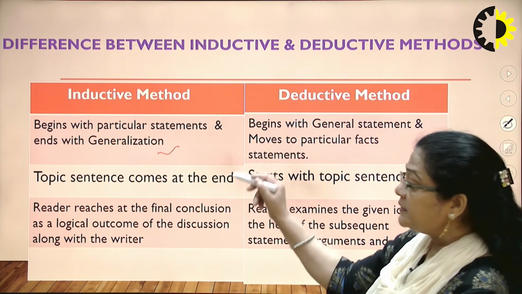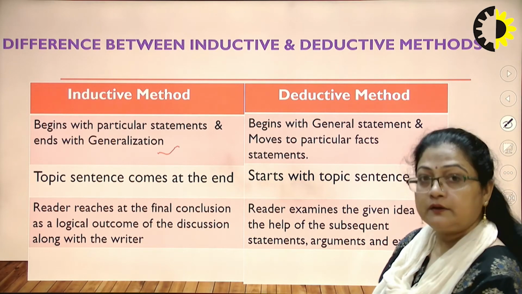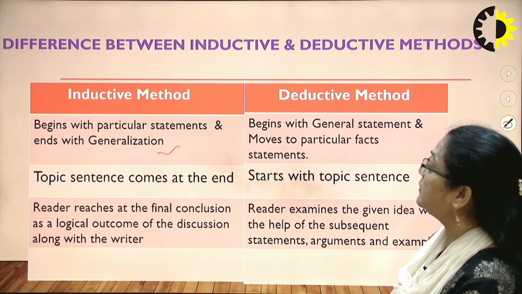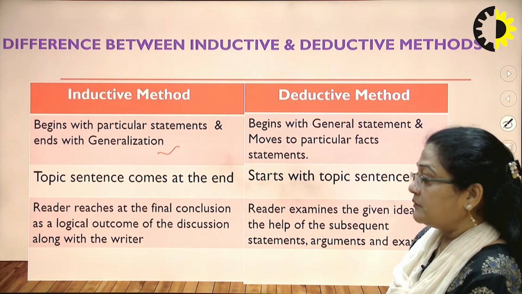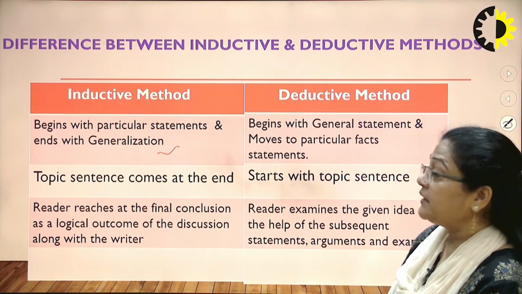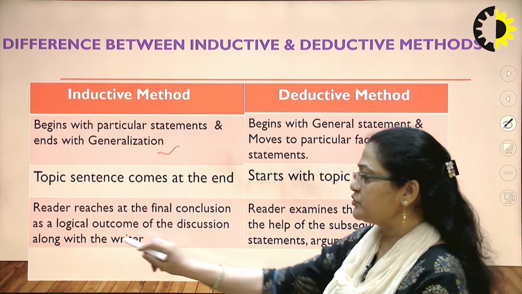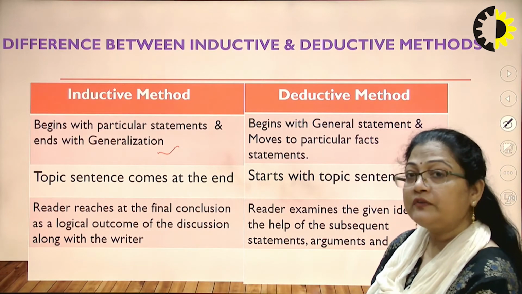The related next point is that the topic sentence comes at the end in inductive method, and the topic sentence starts the paragraph or certain piece of writing in deductive method. The reason is that in inductive method, the reader reaches the final conclusion as a logical outcome of the discussion along with the writer.